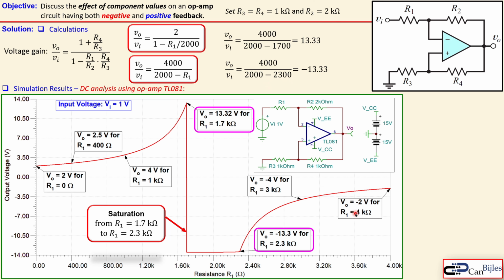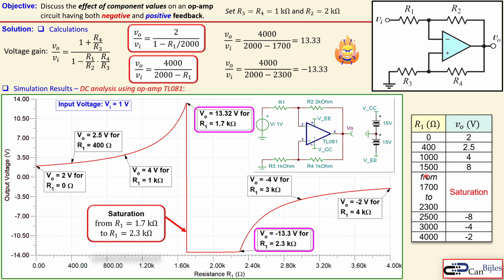And for 4 kilo ohms for R1 you get now minus 2 volts. So you see a clear distinction between the ideal and an actual operational amplifier model in the simulator. So you have to be careful with your input voltage. That will really determine the shape of this graph. So these are the actual maximum or saturation levels for an operational amplifier. You have to be careful not to forget that.